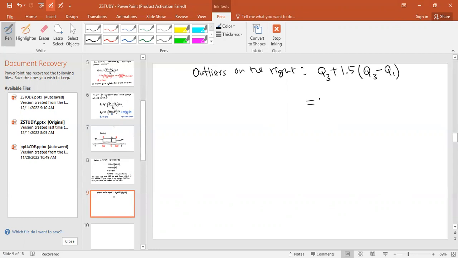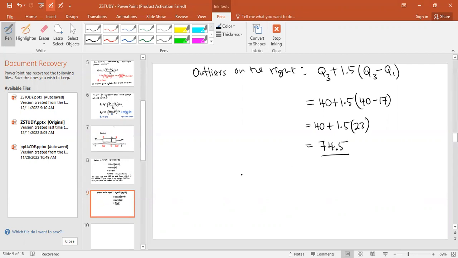So we have 40 plus 1.5 times (40 minus 17), which gives us 40 plus 1.5 times 23. That gives us 74.5.